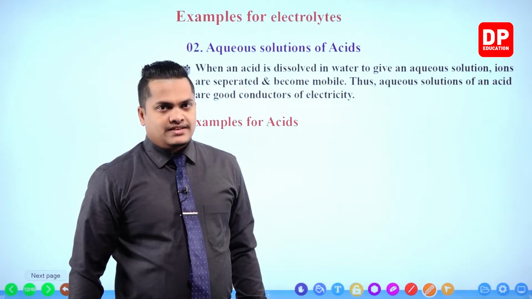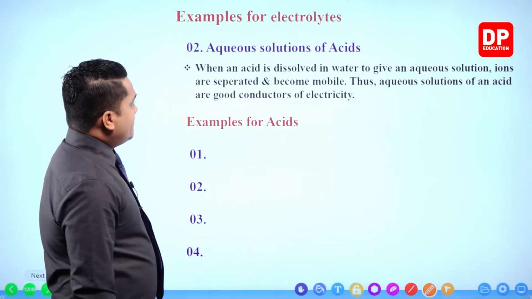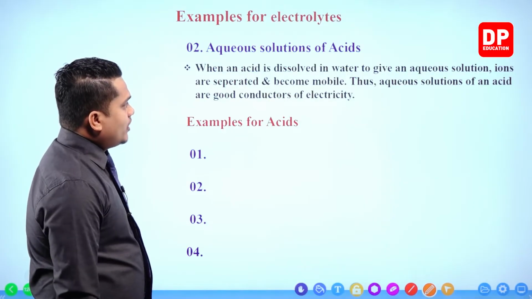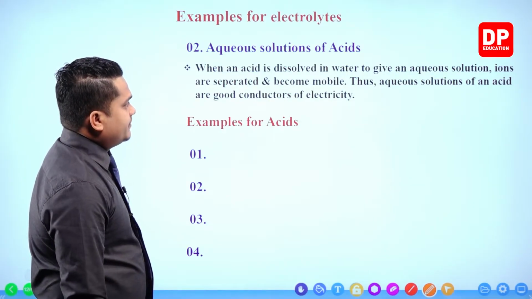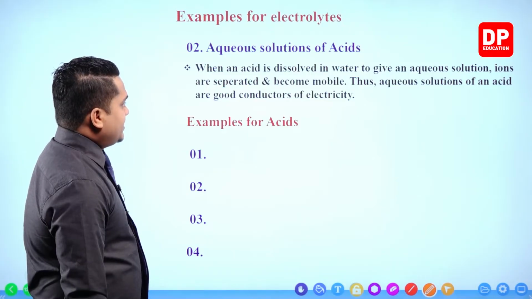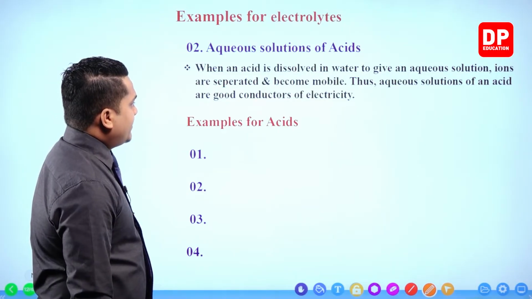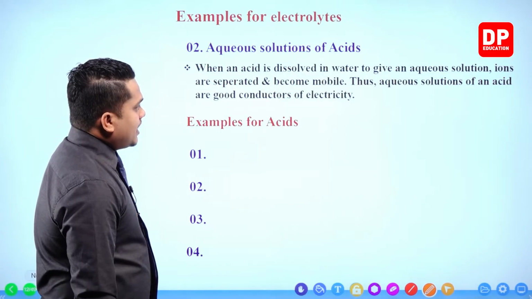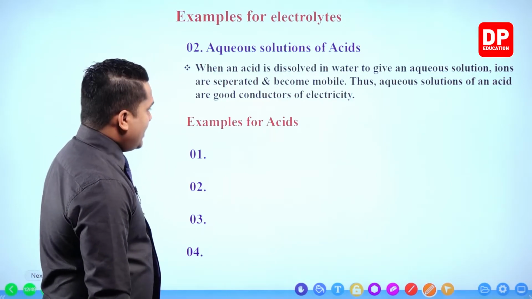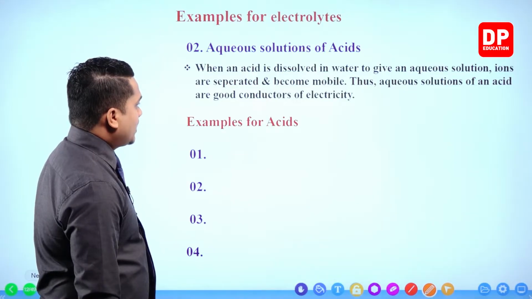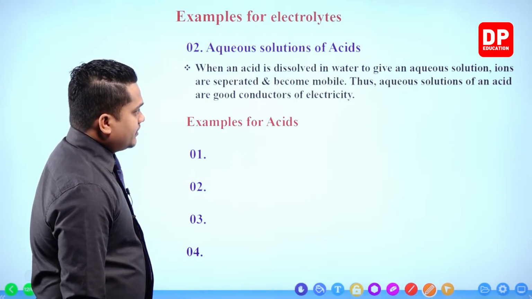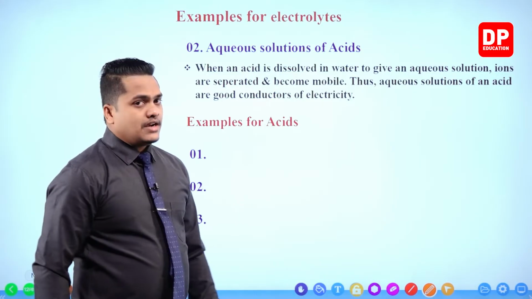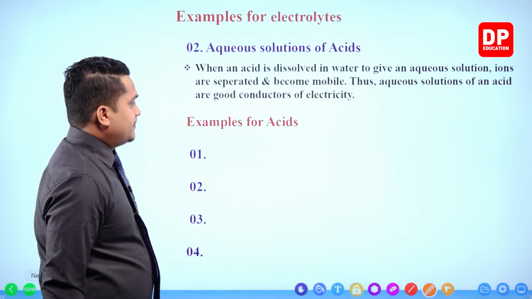Here it is given, when an acid is dissolved in water to give an aqueous solution, ions are separated and become mobile. Thus, aqueous solutions of an acid are good conductors of electricity, right?